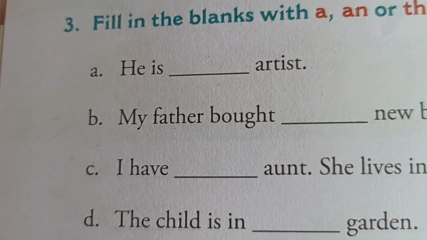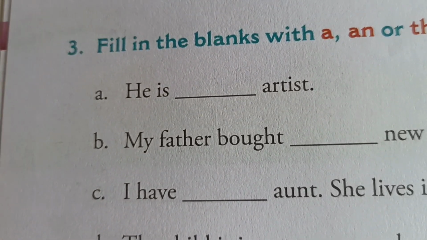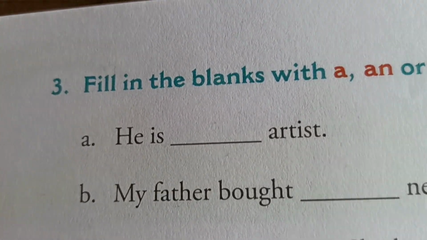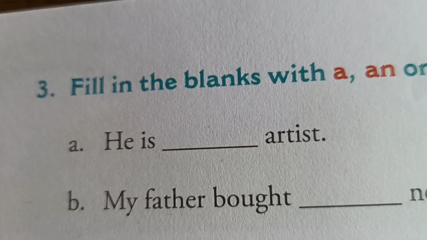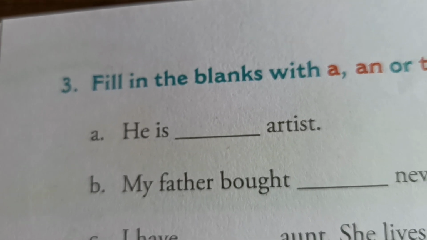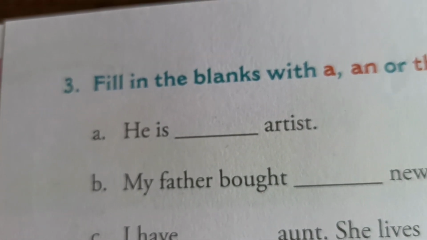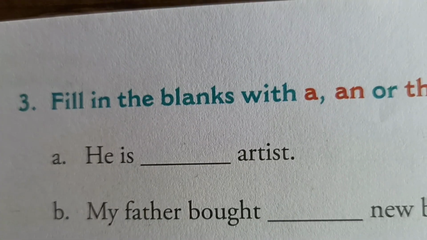The next question, students: fill in the blanks with a, an, or the. First one: he is dash dash artist. This is a simple sentence. Artist starts with a vowel sound, so which article do we write here? Very good, he is an artist.